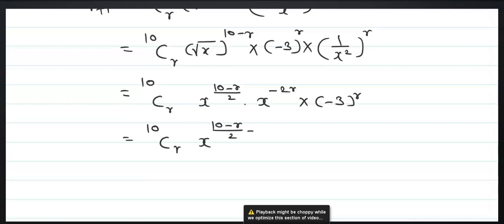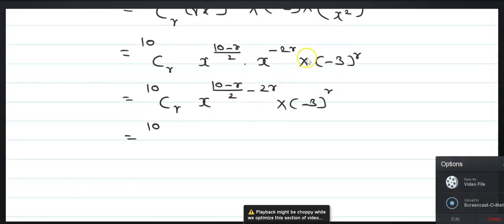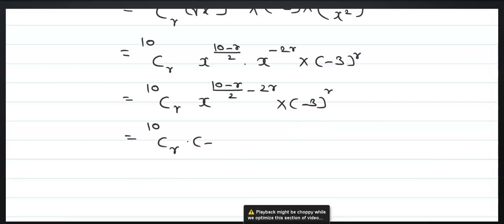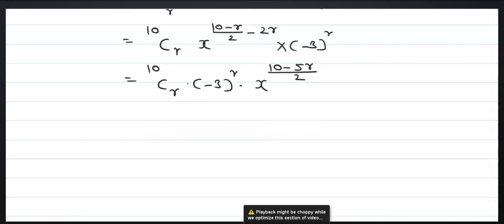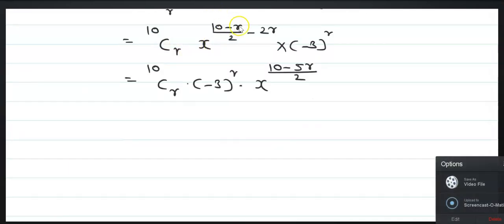Therefore 10cr, x raised to 10 minus r upon 2, and here x raised to minus 2r. Now simplification is here. Therefore x raised to 10 minus r upon 2, then 2 into 2 is minus 4r, minus r.